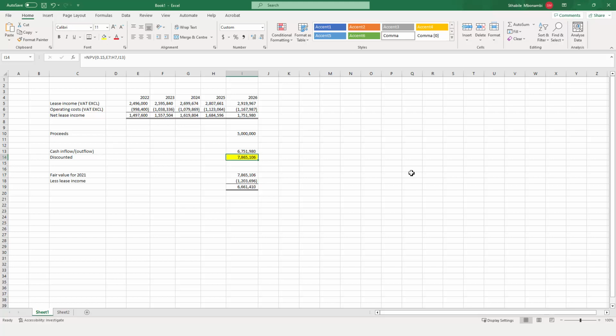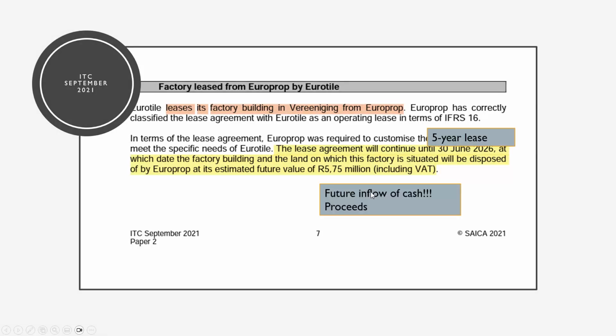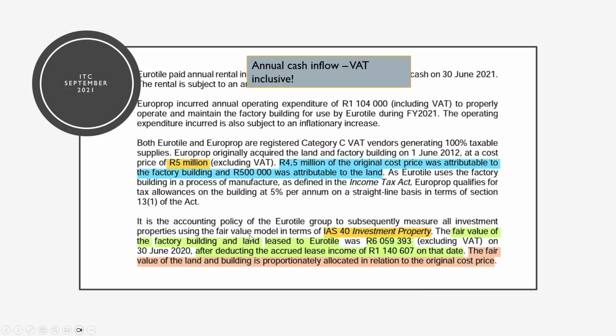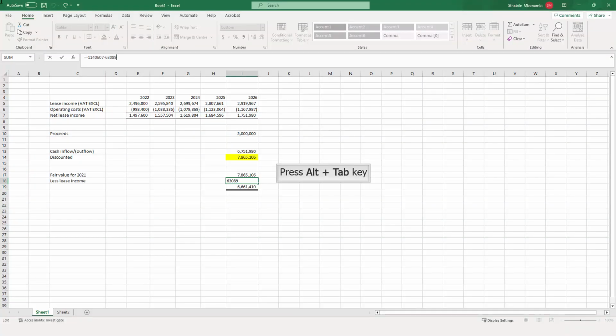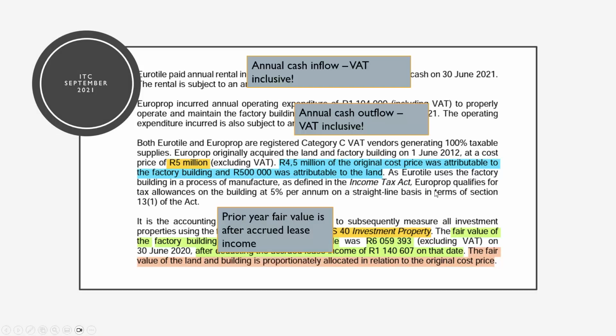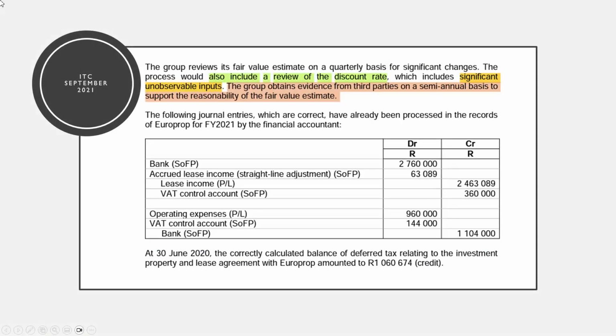So we had accrued lease income, and I just want to check myself, 1140,607, and that we would have gotten, 1140,607. So we now have to deduct that in order to determine our fair value for the year of 2021. And then for 18, I think, beautiful marks, you just end up calculating that.